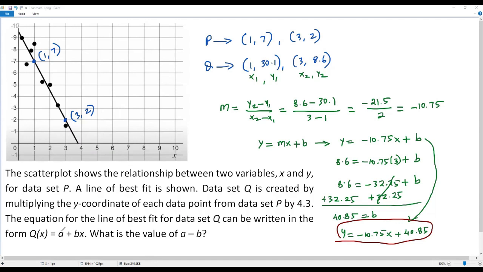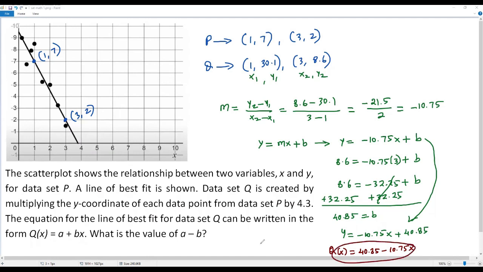Already we have such an equation over here, that is Q of x equals a positive bx. Okay, now let me write this equation exactly in this form, and also let me replace this y by Q of x, and here in this equation we have constant at first and then x term. Okay, now let me write this constant 40.85 at first, then write the x term, that is negative 10.75x.